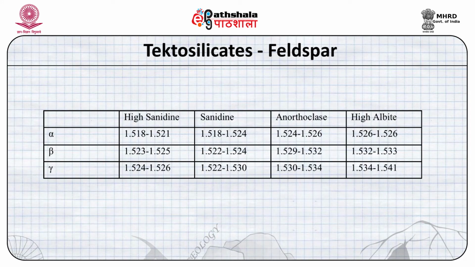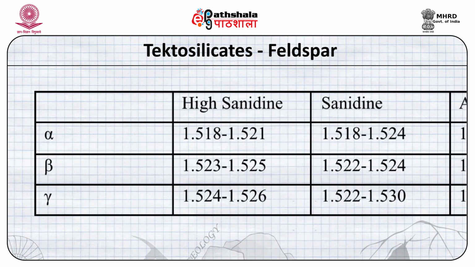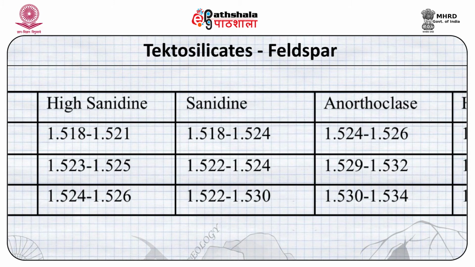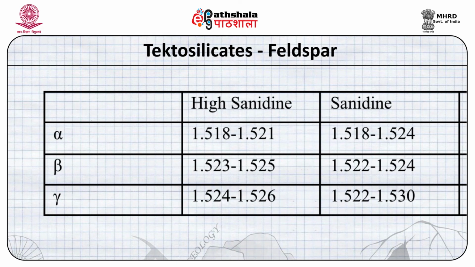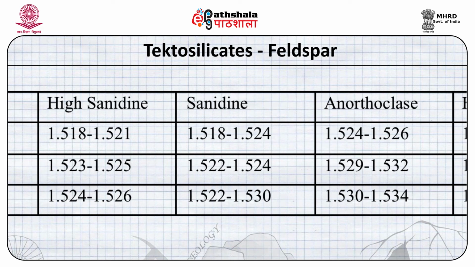The distinct parameters of alpha, beta and gamma in high sanidine: alpha is 1.518 to 1.521, whereas in sanidine it becomes 1.518 to 1.524. The beta in high sanidine is 1.523 to 1.525, whereas in sanidine it is 1.522 to 1.524.